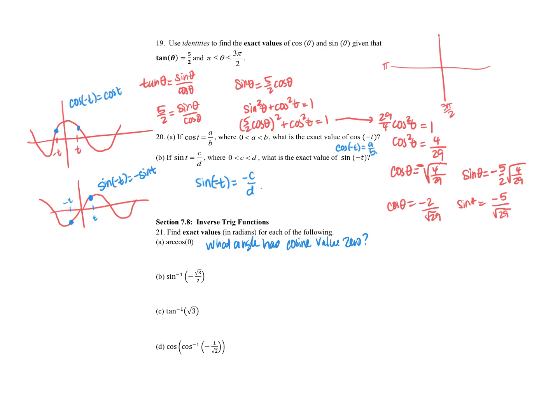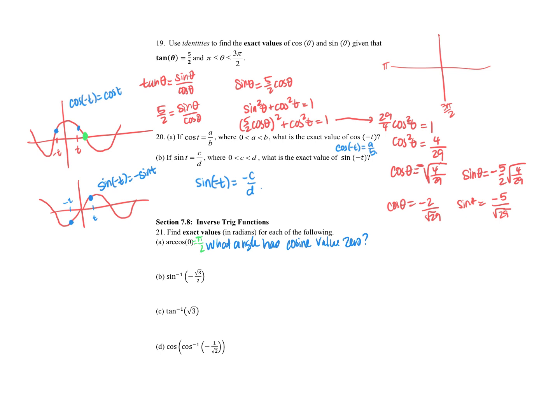I can look on my unit circle, or at my graph. I have a graph of cosine right up here, and I can see that cosine is equal to 0 when my angle is pi over 2. You can look at that on your unit circle, or you could look at it on a graph.